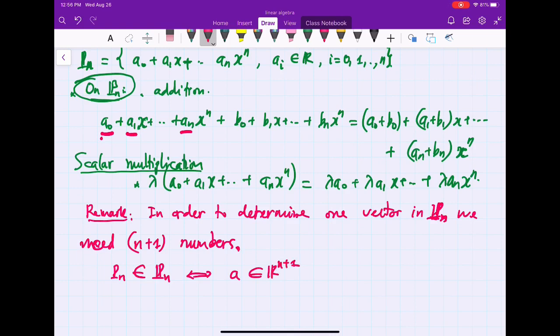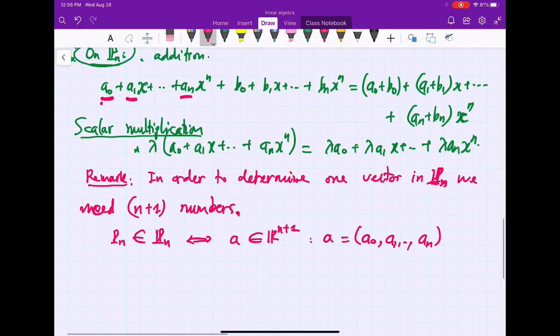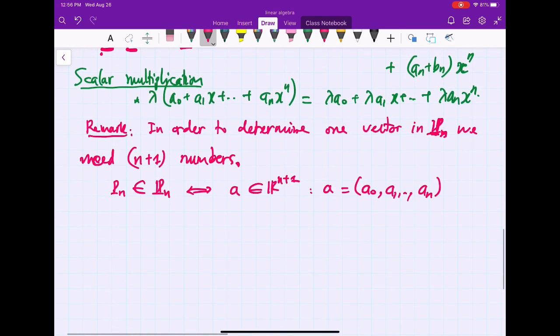Because you have n plus 1 coordinates. So that is A equal to (a0, a1, and so on, an). You see this? So basically, in order to give one polynomial of degree less than or equal to n, it is enough to give one vector in R^(n+1).